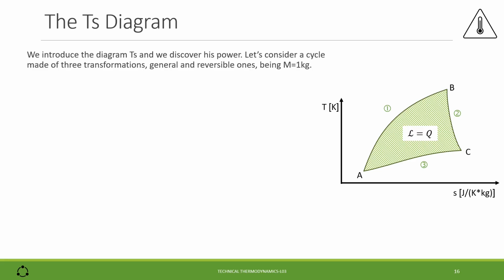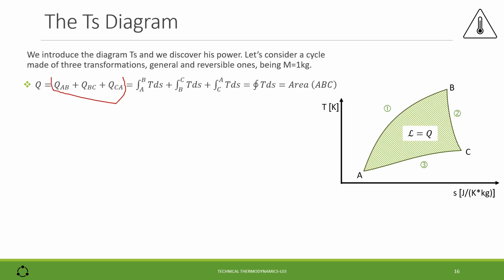Let's consider a cycle made of three transformations, very general and reversible, and the mass of 1 kilogram. The Q is the sum of the Q of the transformation AB plus the Q of the transformation BC plus the Q of the transformation CA.